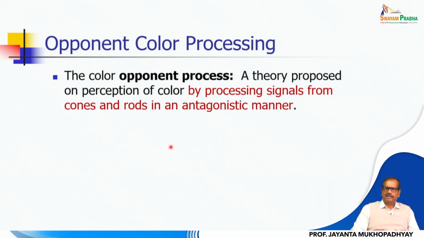The theory proposes that we process signals from cones and rods in an antagonistic manner, which means there are cells which take 2 or 3 inputs from different cones and rods, and some of them will be exciting that cell and some of them will be inhibiting it, in terms of additive mixing and subtractive mixing.